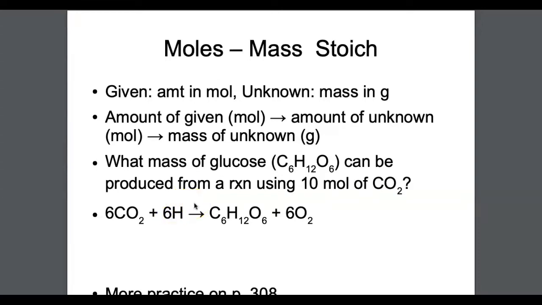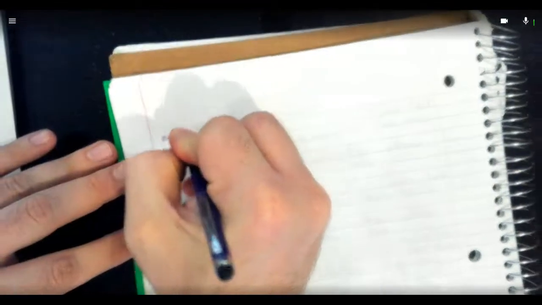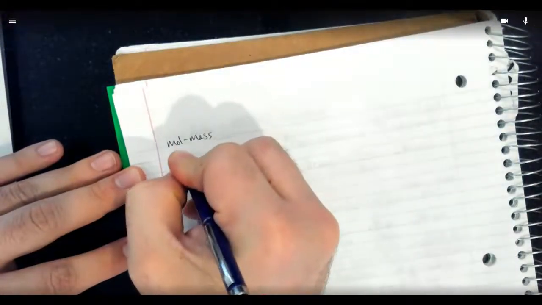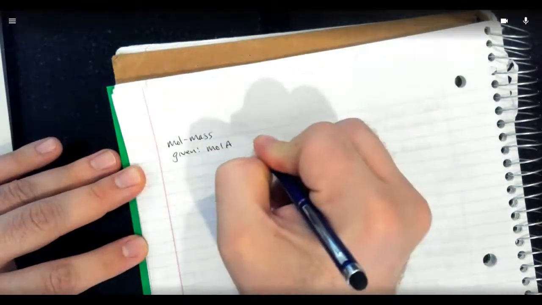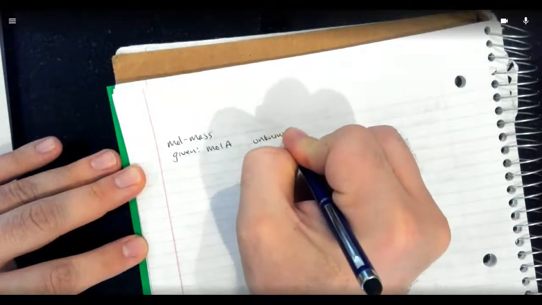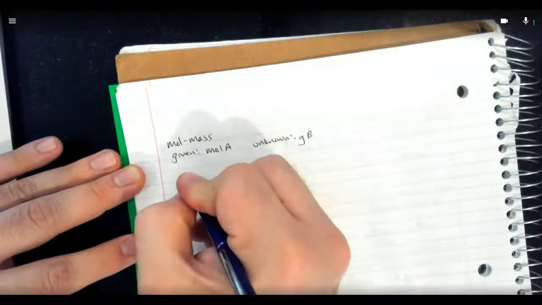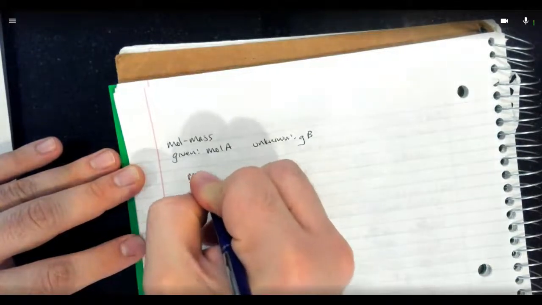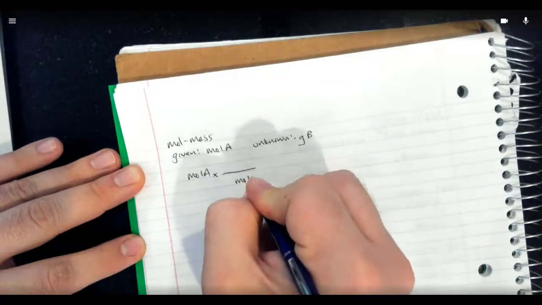For mole mass stoichiometry, let's go back to the general equation. Our given is going to be moles of substance A. Our unknown is going to be grams of substance B. So we start with mole A. This unit drops down.